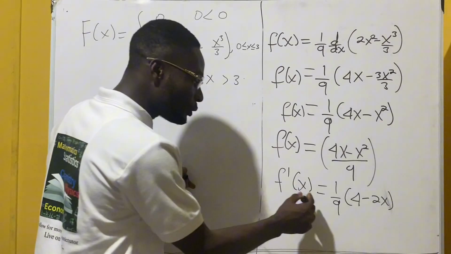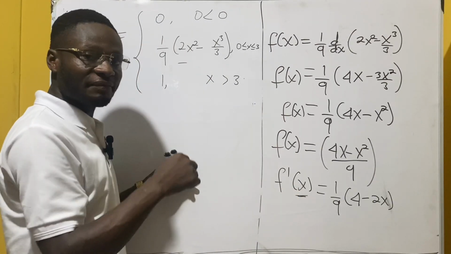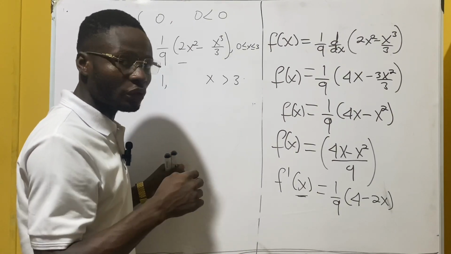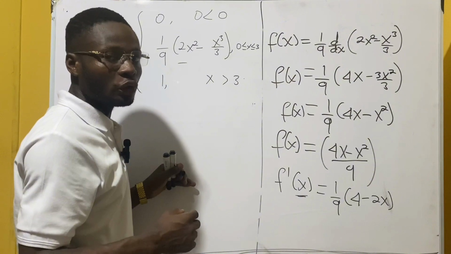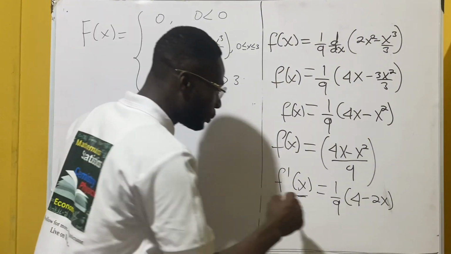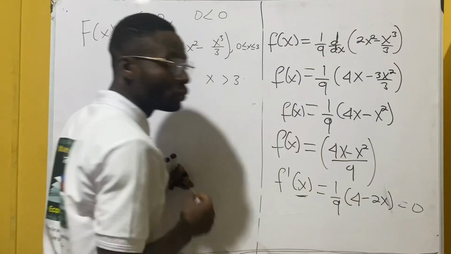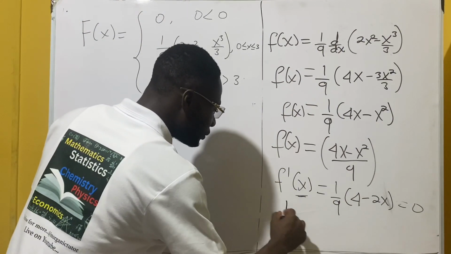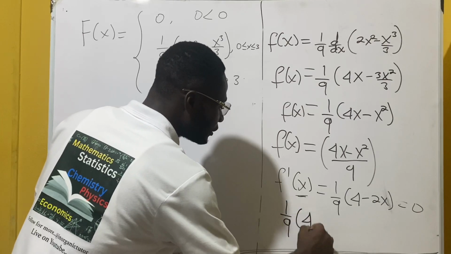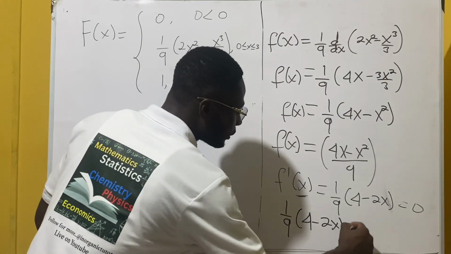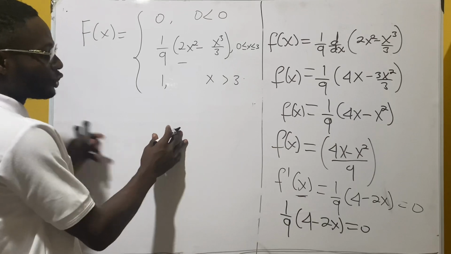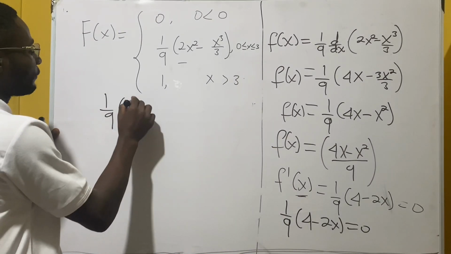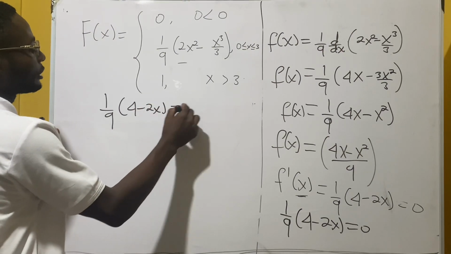Okay, so this result, you set the first differential to 0 to find the critical values, and that result becomes the mode of the distribution. So we set this particular one to 0. Okay, so when we do that, that means we are going to have 1/9 into 4 minus 2x equals 0.